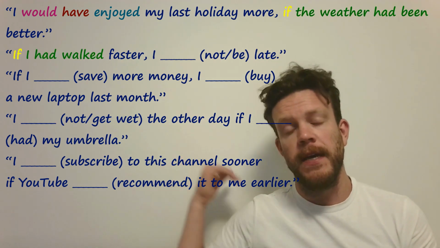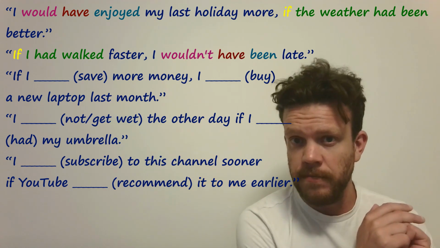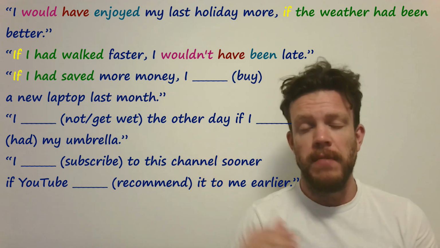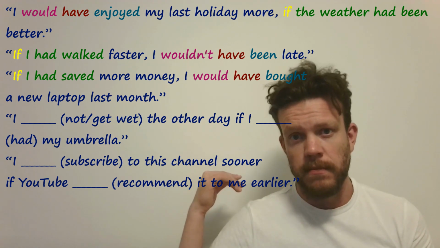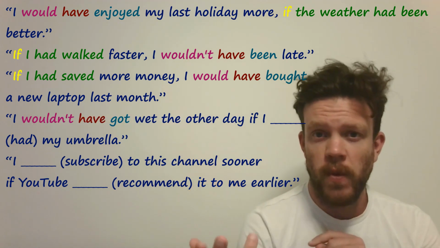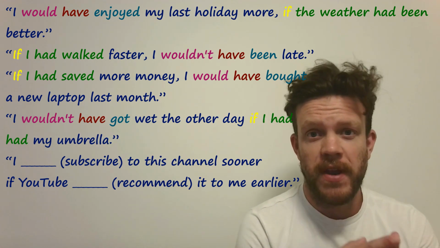If I had walked faster, I wouldn't have been late. If I had saved more money, I would have bought a new laptop last month. And then I wouldn't have got wet the other day if I had had my umbrella.